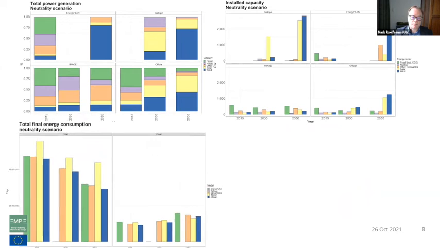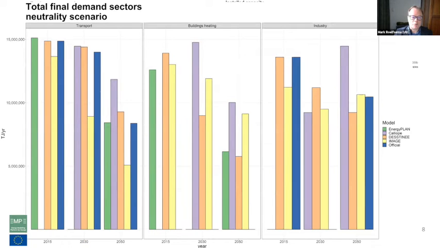And then we can also look into more detail into the demand sectors. In transport, we especially see that IMET implements relatively ambitious efficiency measures. And this is done in the buildings and heating setting by the Destiny model.